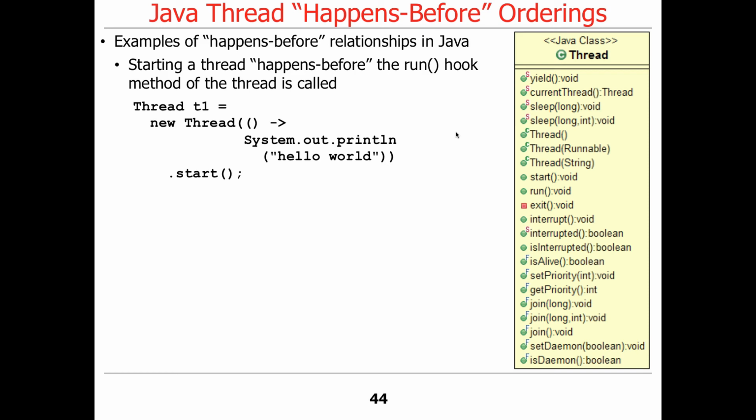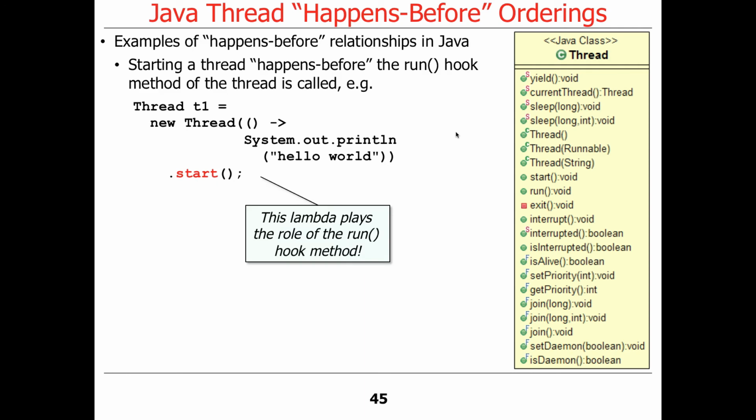So here's an example. Here we have thread T1 equal new thread, and I'm going to give it a lambda expression. We'll look at that in a second. And we call start. This lambda is going to play the role of the run hook method. So I'm going to call start here, and this hook method, which is the anonymous lambda expression playing the role of run, will not get called before the thread is up and running.